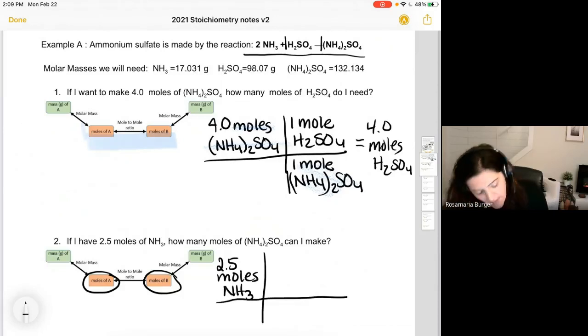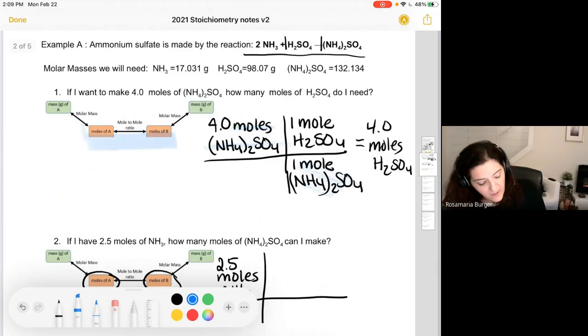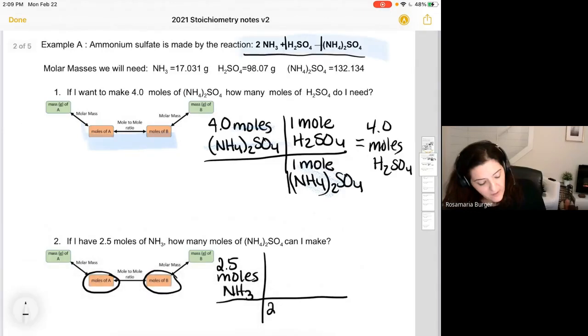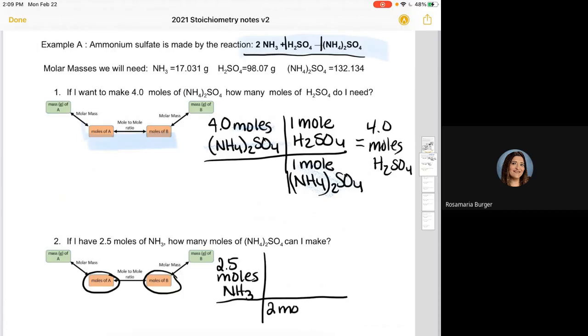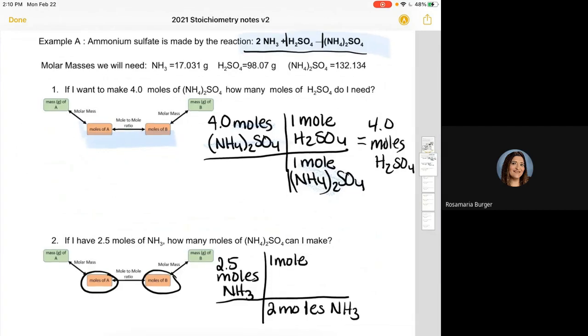And if you look at our chemical formula up here at the top, for every 2 moles of NH3, we get 1 mole of (NH4)2SO4.